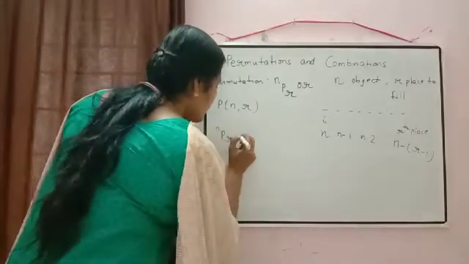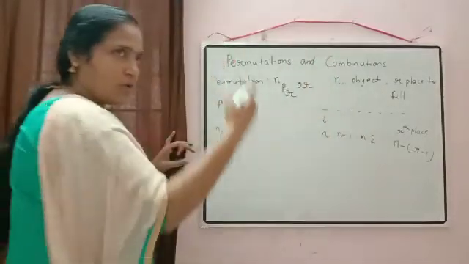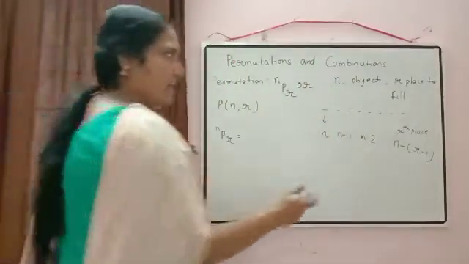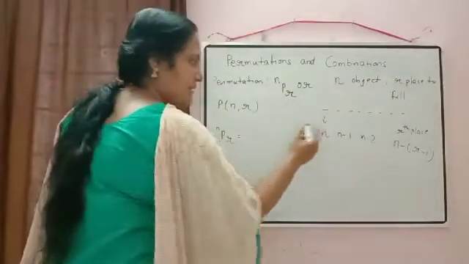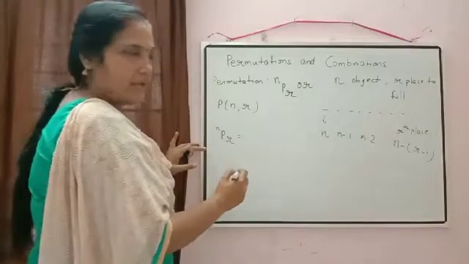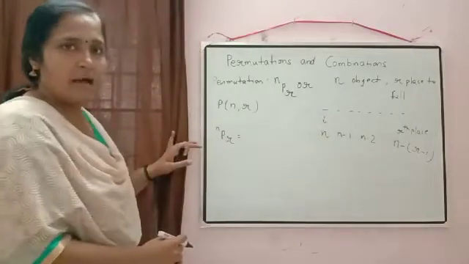nPr is equal to, so as we wrote there, we have n objects, but we are not taking the total numbers, we are taking only r numbers from there. So the first place can be filled in how many ways? n ways. And second place, so if 'and' is there, what are we using? Multiplication.